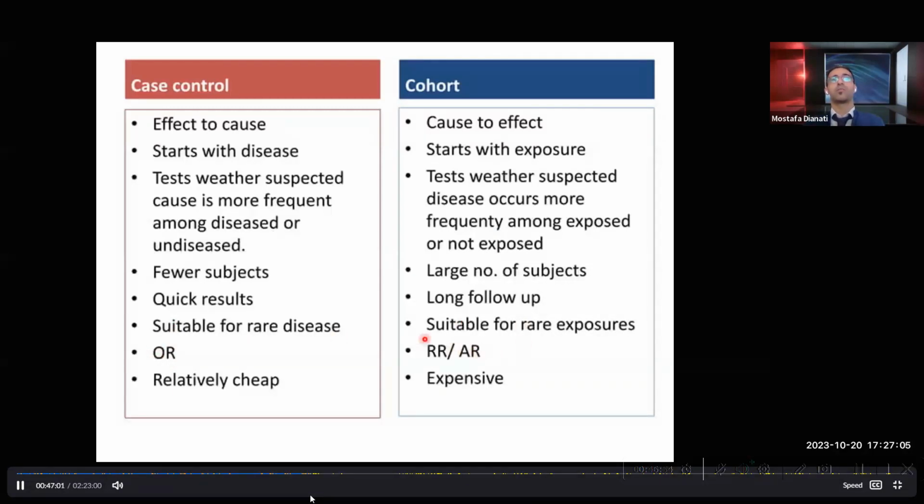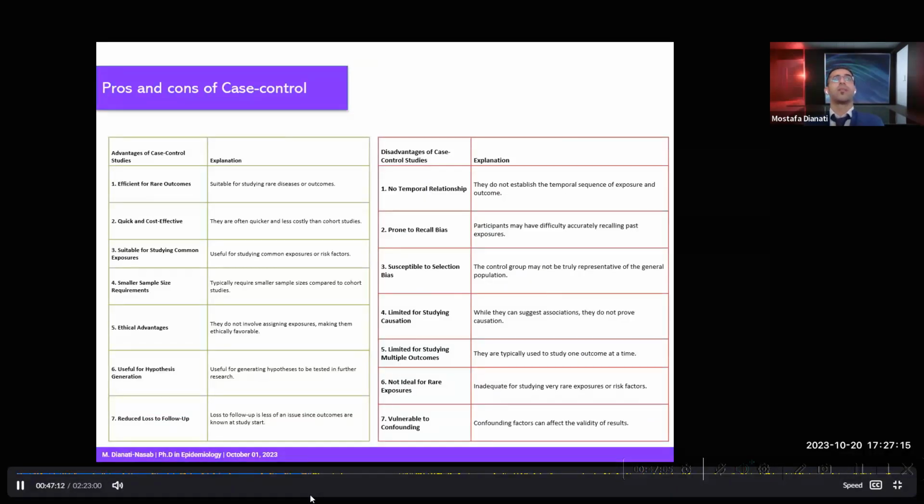However, in cohort study, mainly you see RR or HR, hazard ratio. And yeah, it's obvious that case control studies are cheap, but cohort studies are really, really expensive. Here, I just mentioned some pros and cons for case control study that I already covered in my previous lecture. If you would like to have a look, please feel free.